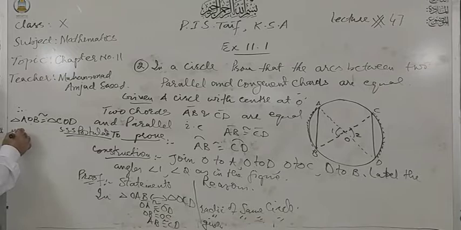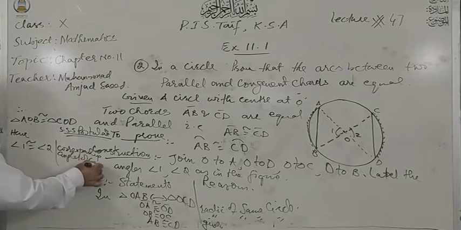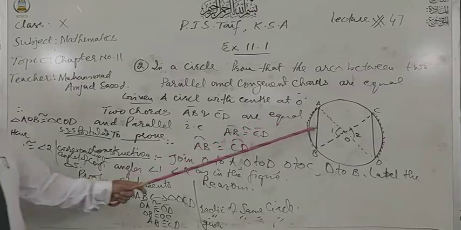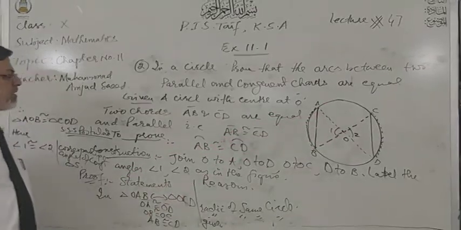Hence, angle 1 is congruent to angle 2, corresponding angles of congruent triangles.